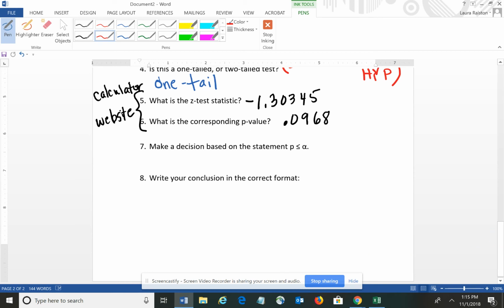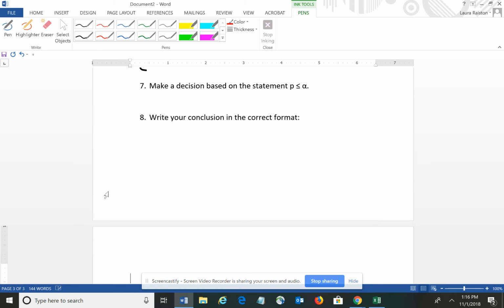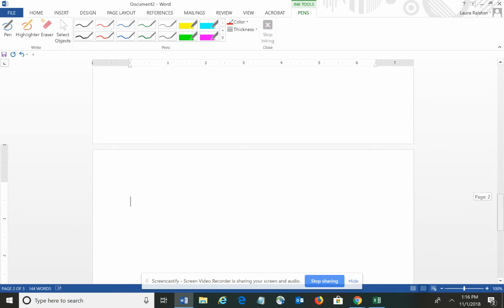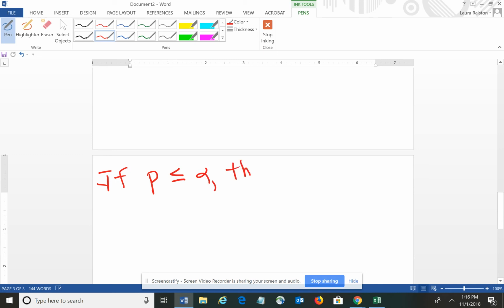And the guideline here says, now I'm going to scroll down a little bit and write that guideline. The guideline says if p is less than or equal to alpha, then we reject the null.